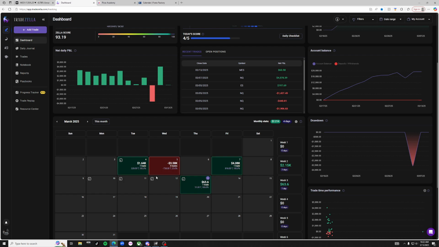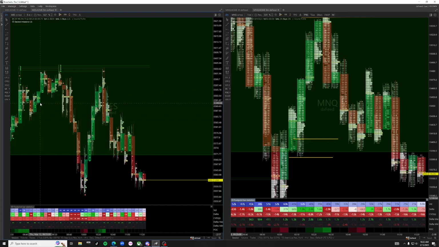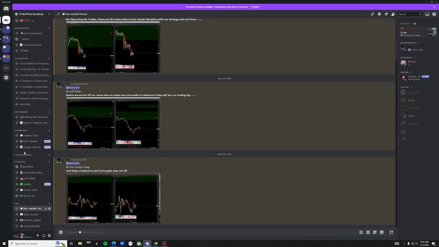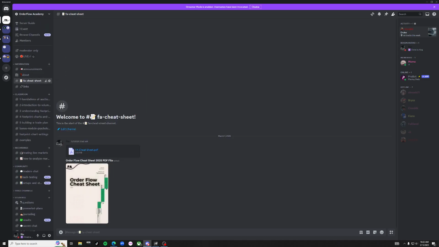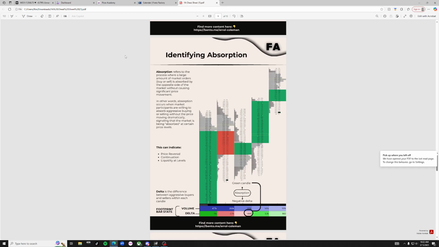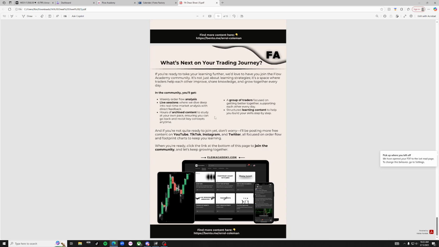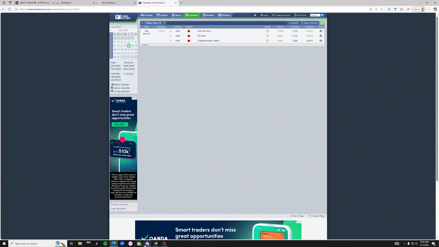I know a good bit about order flow. So if y'all have any questions, y'all can go to my Discord. Y'all can see what y'all want to do, how y'all want to do it. If we go here, we have the order flow footprint sheet right here. We have a footprint sheet that we can look at, and we have more too.